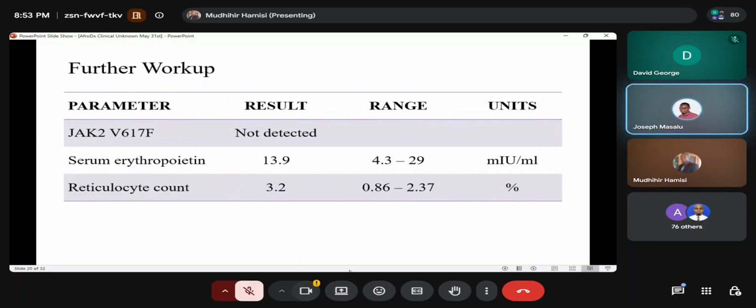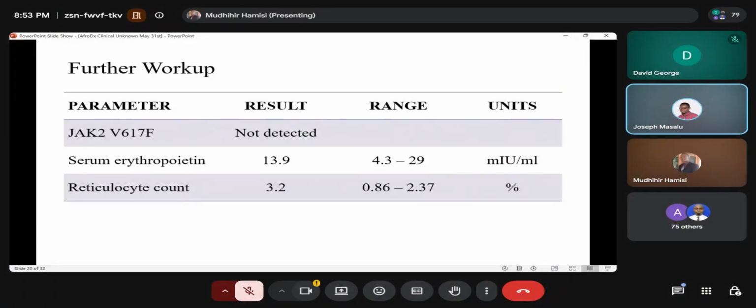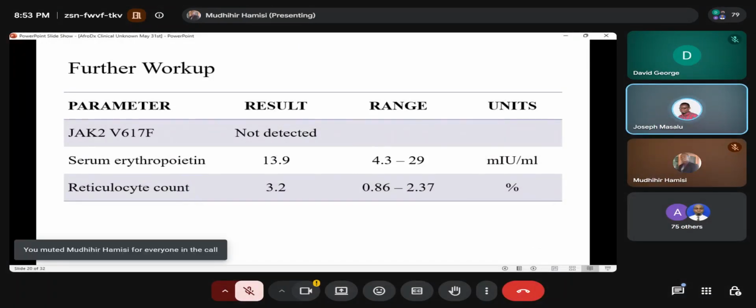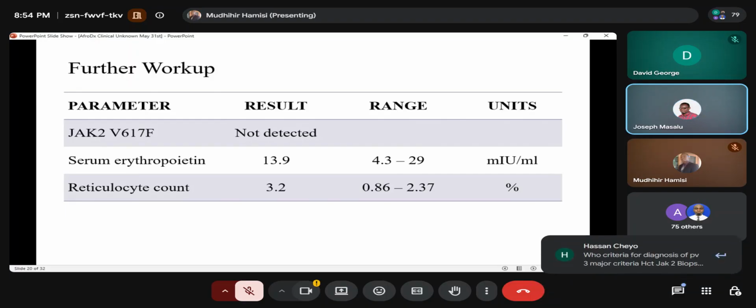Okay, so we can reframe the problem and say, if EPO is normal, it means this was a secondary polycythemia. Maybe because of alcohol, dehydration. I mean cigarette, alcohol, I'm not sure. Cigarette and dehydration.